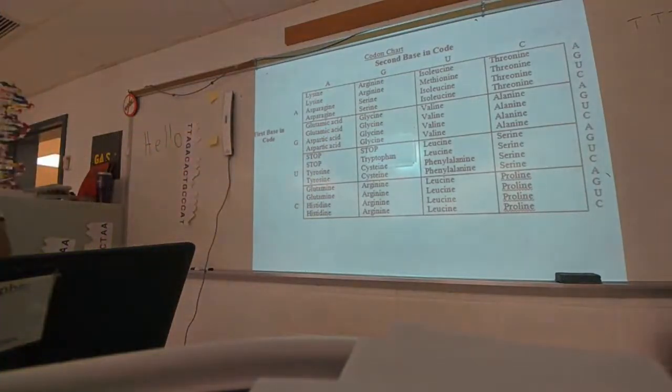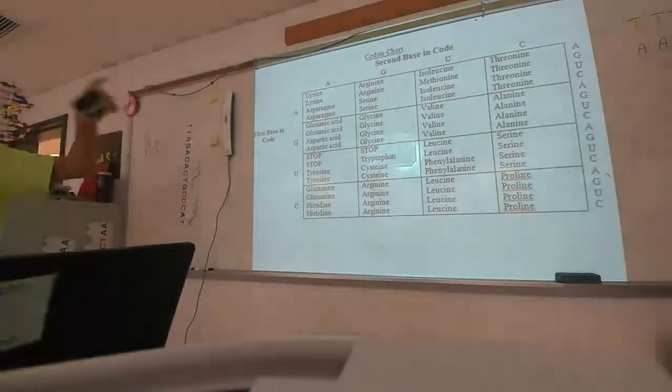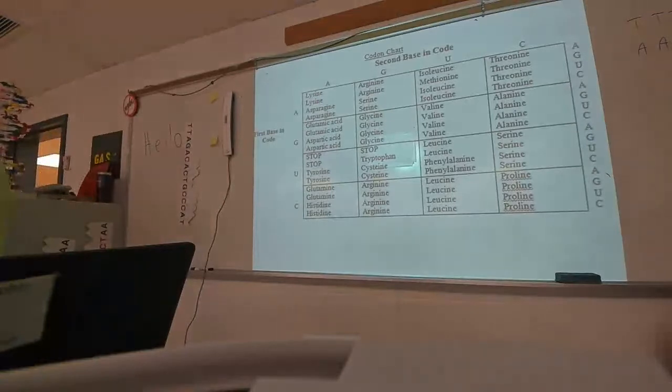What do you got to do? Yes. You have to make it AAA. So we're going to use the same 3 letters for 4 codon charts, and if you do it right, you should get the same result.